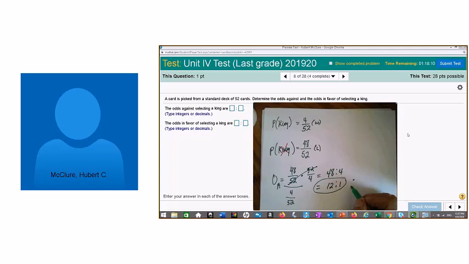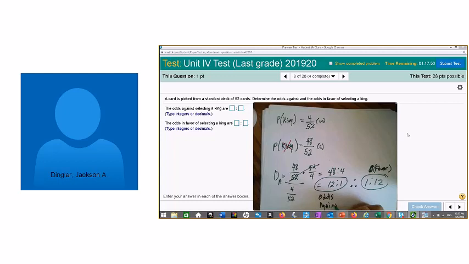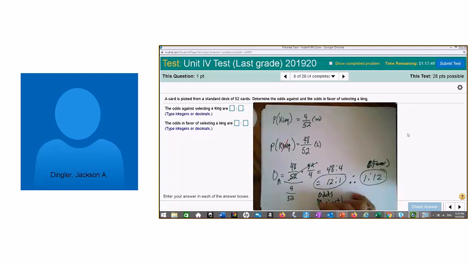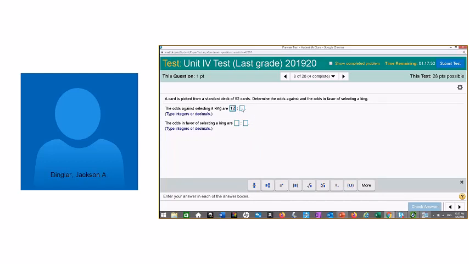Therefore, what is the reciprocal of 12 to 1? So this is the odds in favor, and this is the odds against. And that's the way you do that problem. So 12 to 1 and 1 to 12. And you feel good about yourself.